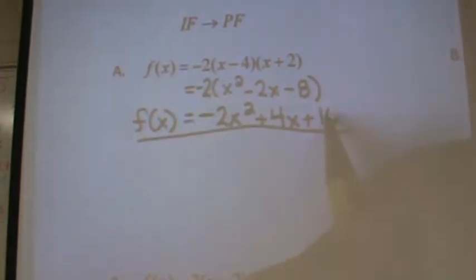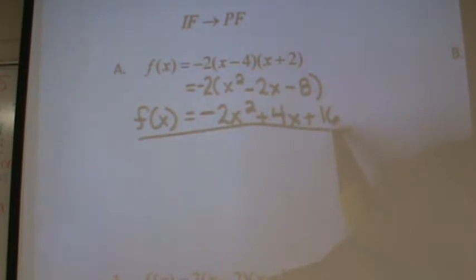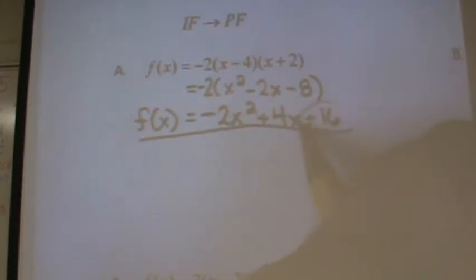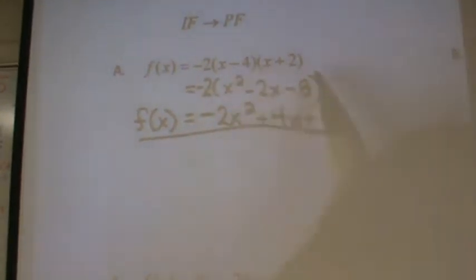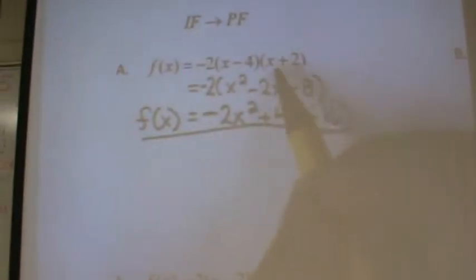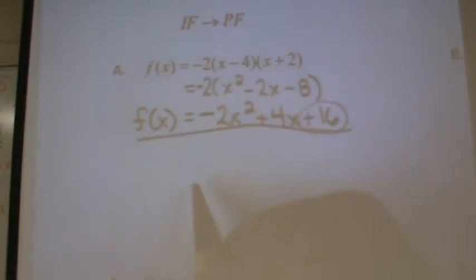So now, what was the purpose of going from x-intercept form to polynomial form? What do we now know? We know the y-intercept. So for this problem, we know the x-intercepts and we know the y-intercept. What was the other way of figuring out the y-intercept? What did I say you could do?